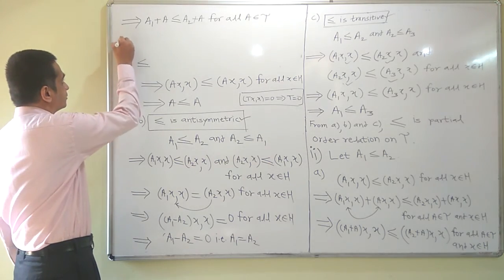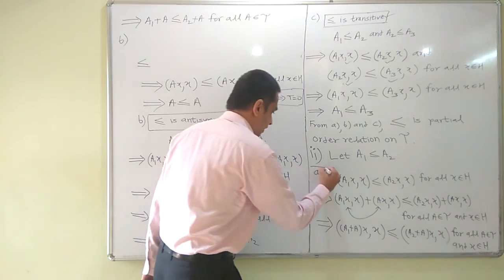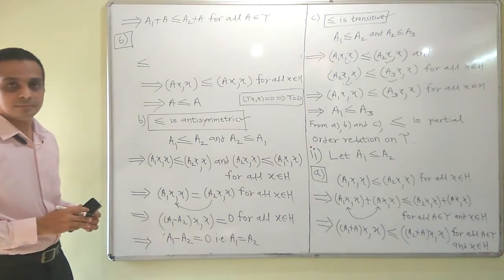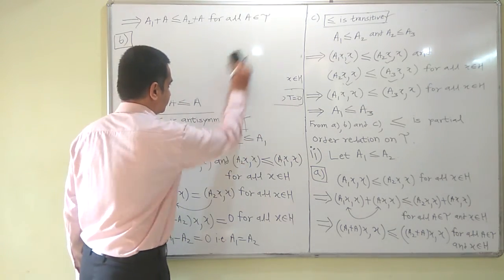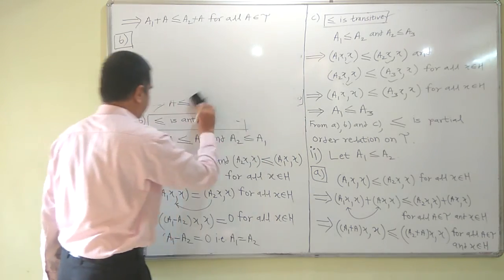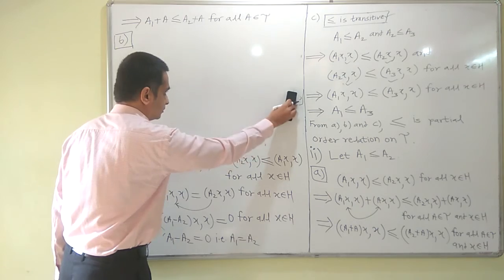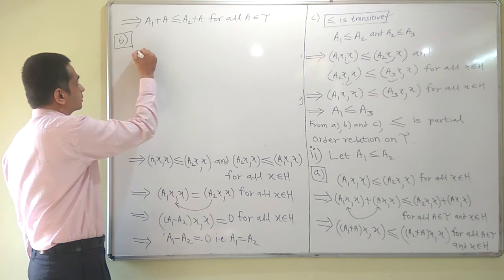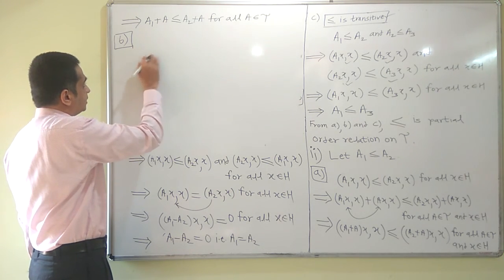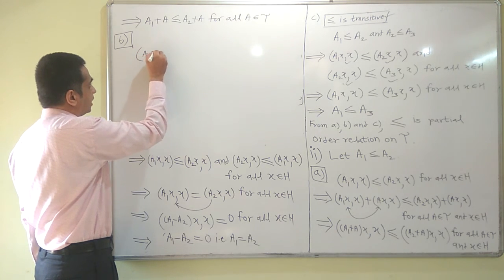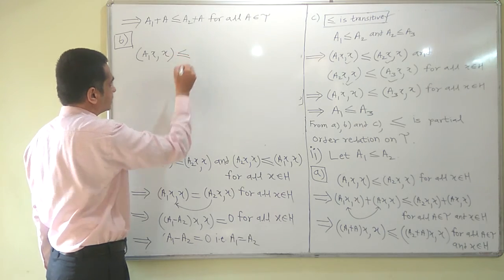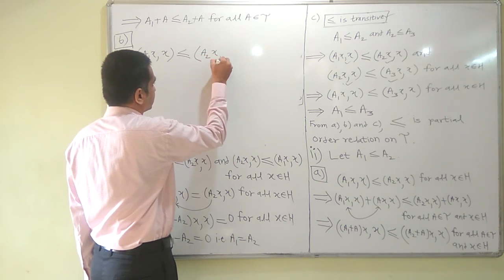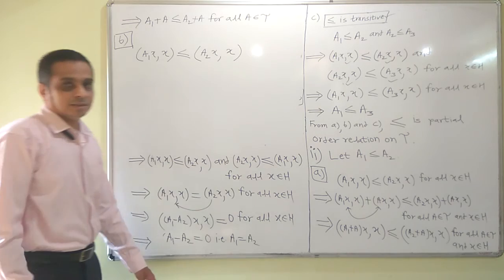Now part B of the second property. We are going to prove that if A1 is less equal to A2, then again by definition the inner product of A1x and x is less equal to the inner product of A2x and x.